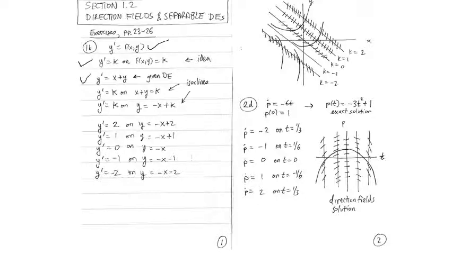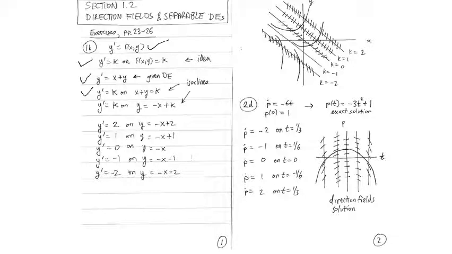Our given differential equation is y prime equals x plus y. So if we think about the meaning of that geometrically, that means the slope, which is y prime, has a value k on each of the curves x plus y equals k. Those curves are called isoclines for constant direction.